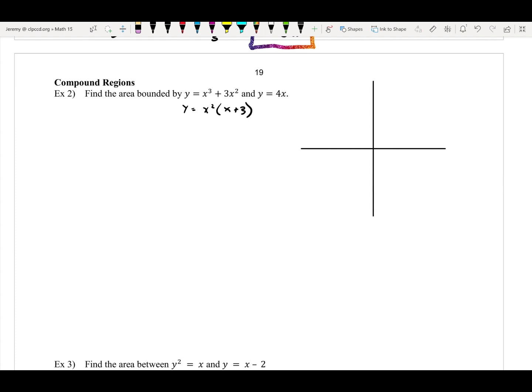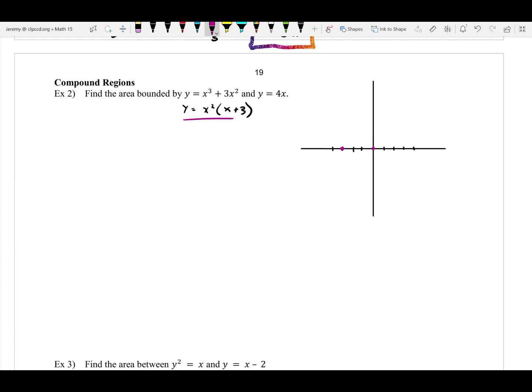So I have x-intercepts at x equals 0 and x equals -3. So I might set my scale like this. Okay, so I know that for this function, how about I graph it in purple? I'll have an x-intercept here, x-intercept here.